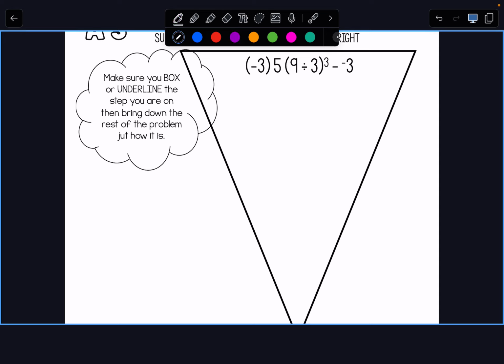Okay, so I'm going to write PEMDAS down here, just so I can follow my checklist. All right, P for parentheses. Do we have any? Parentheses, we have them right here, right?